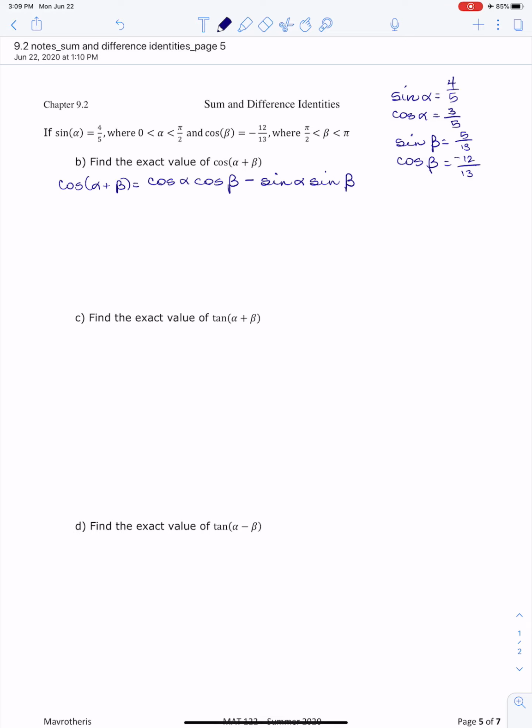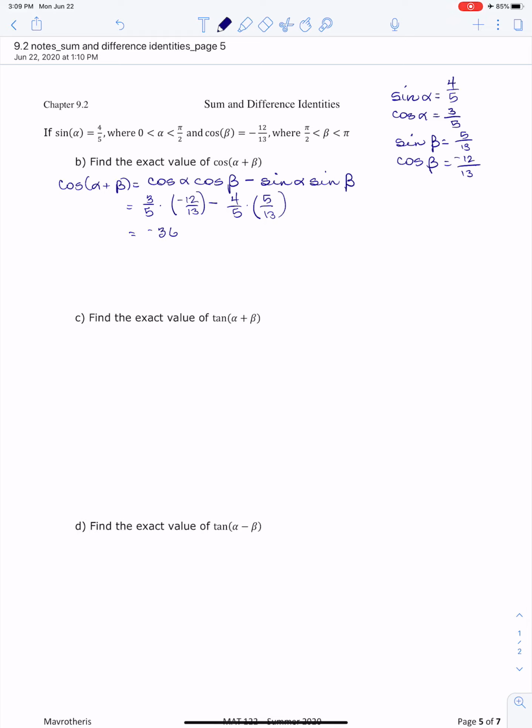Okay. So now I'm just going to plug in numbers. Cosine of alpha is 3/5, cosine beta is negative 12/13, minus the sine of alpha is 4/5 and the sine of beta is 5/13.